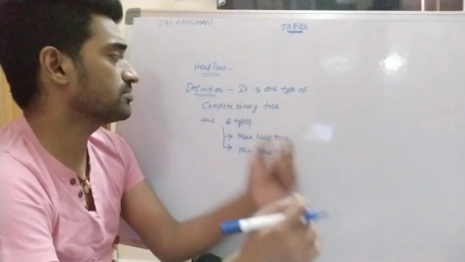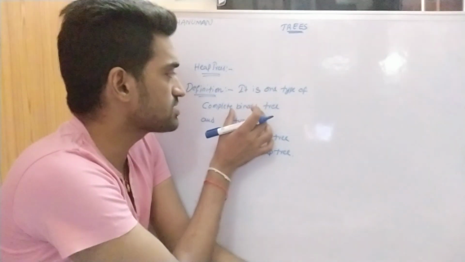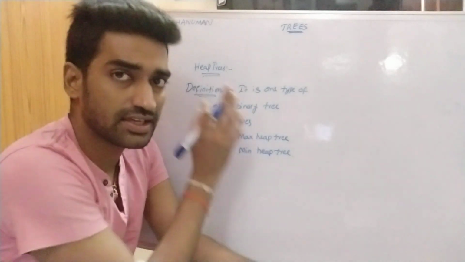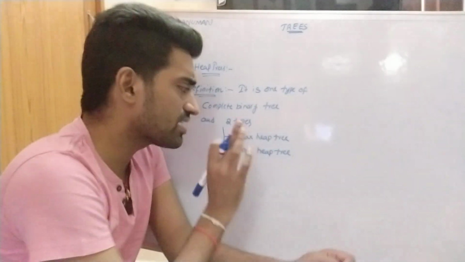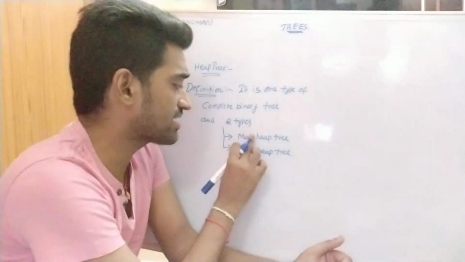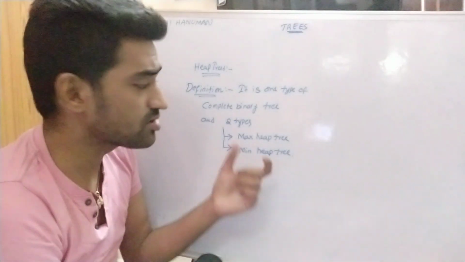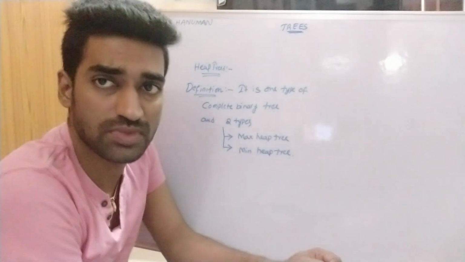That is the definition of a complete binary tree. Those properties are also satisfied by heap trees. In addition to that, it can be categorized into two types of trees: max heap tree and min heap tree.